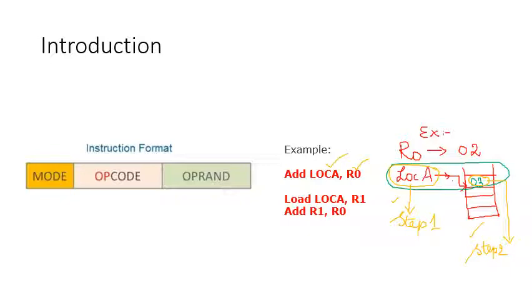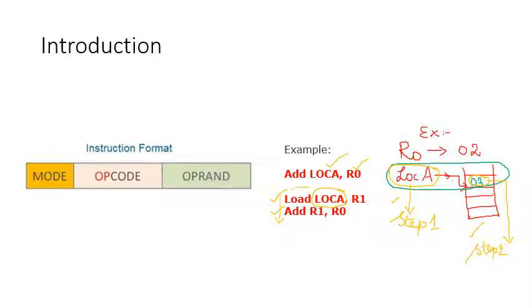The same instruction can be realized using two instructions: Load location A, R1, followed by Add R1, R0. I will explain it again. First, it will fetch the instruction from the main memory to the processor, that is, the opcode for Load location A, R1.